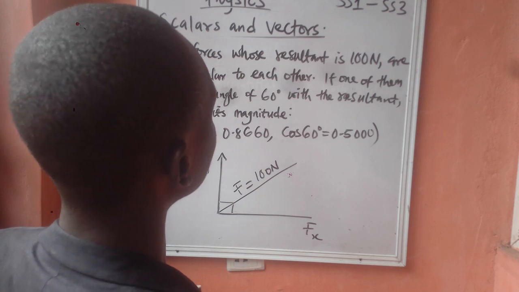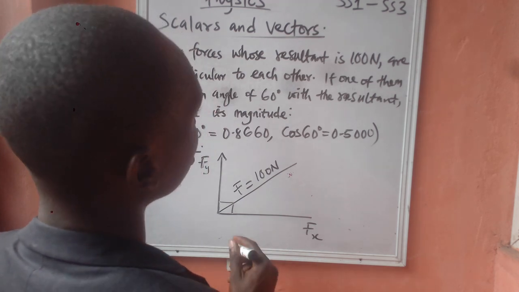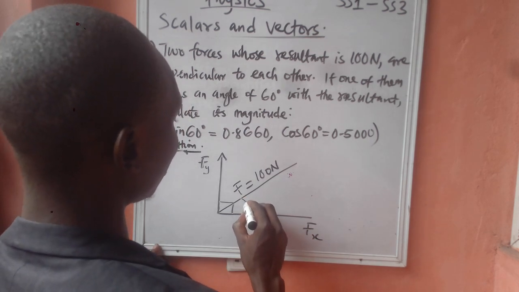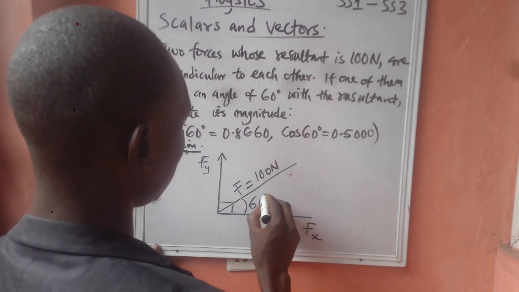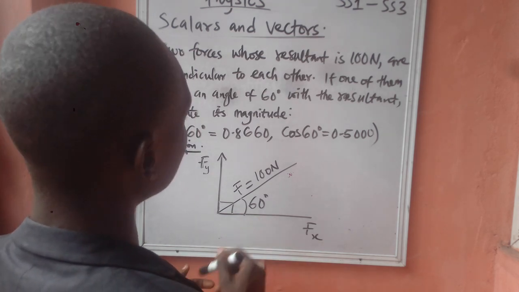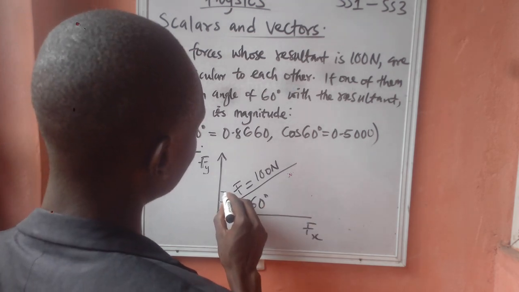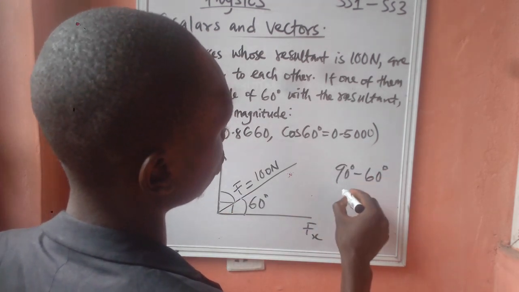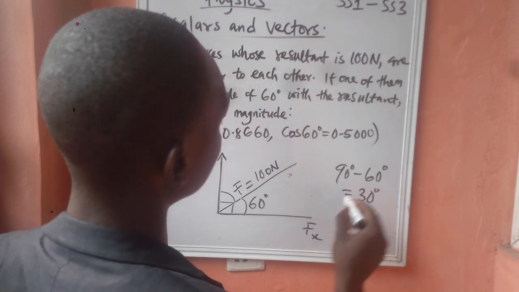Now they say we should calculate its magnitude if one of them makes an angle of 60 degrees with the resultant. Let's assume that this force Fx makes an angle of 60 degrees with the resultant. Now if this is 60 degrees, then this angle will be 90 minus 60 degrees, which gives us 30 degrees.